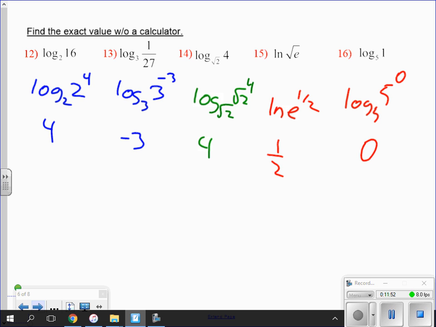So that kind of leads us into something you need to know and have stuck in your memory. And remember this for everything in the future. The log of 1 is 0. No matter the base. The log of 1 is 0. Log base 10, log base 3, log base 5, log base e.